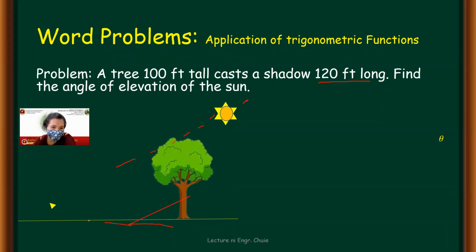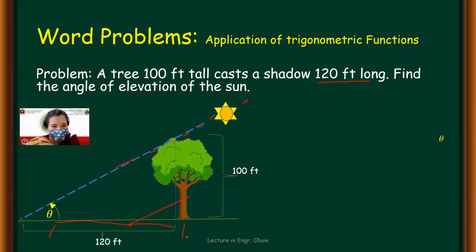So, the question is, what is the angle of inclination of the sun if the length of this shadow is 120 feet? Complete the illustration: the height of the tree is 100 and the length of the shadow is 120 feet. So find the angle of elevation of the sun.